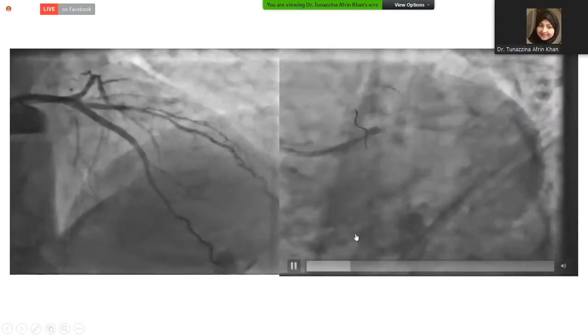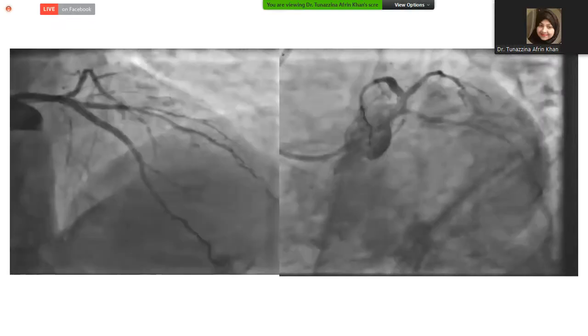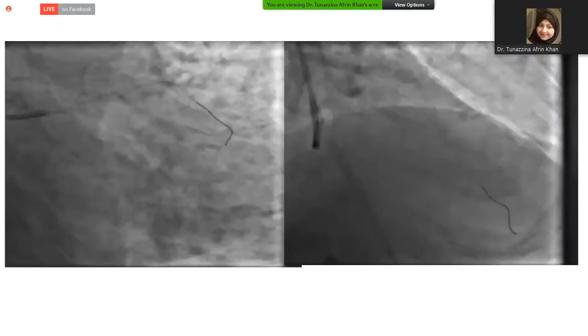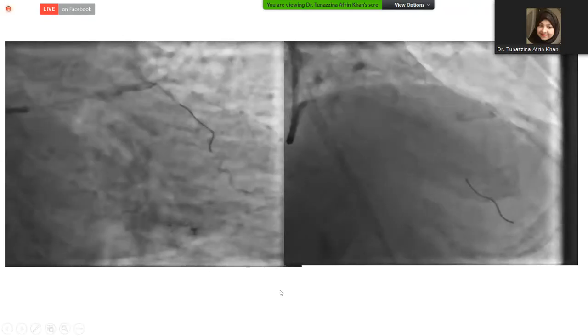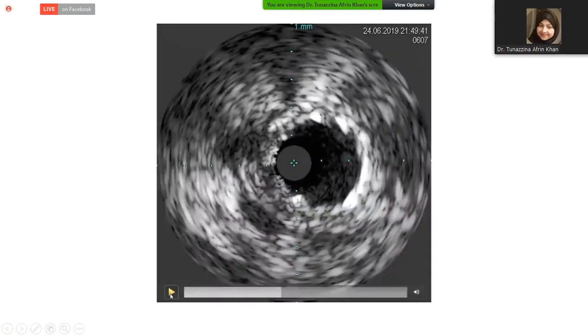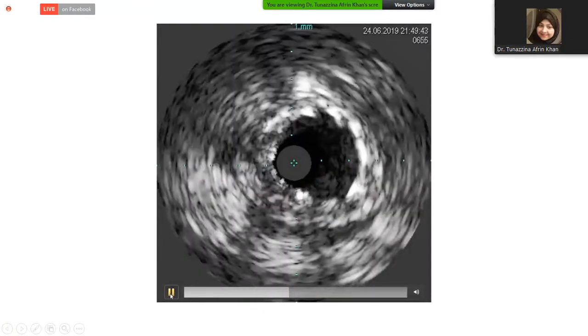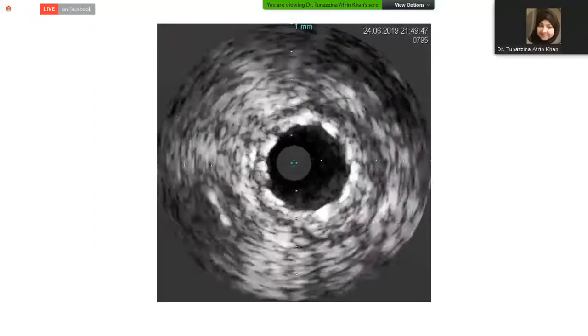This is the angiographic view after the stent implantation in the diagonal and LAD. Angiographically, it was satisfactory, but we confirmed it with IVUS. Nicely opposed stent struts.